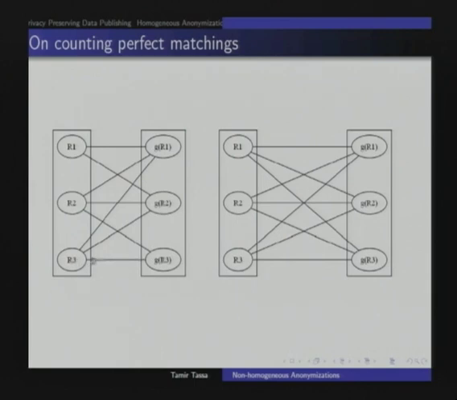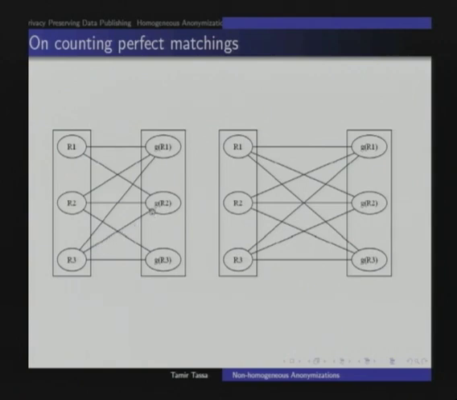Why? This record is connected through an edge that is part of a perfect matching. Here is one perfect matching, and here is another. These are two perfect matchings in which this edge participates. Now, also this edge is a match in the sense that it participates in a perfect matching.